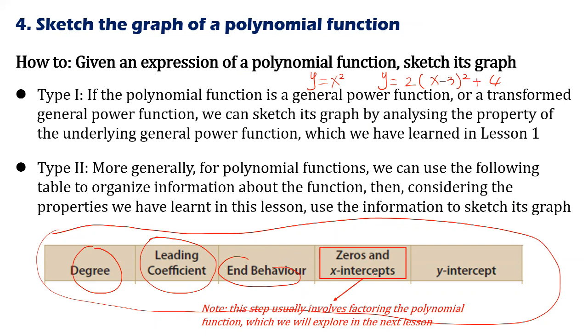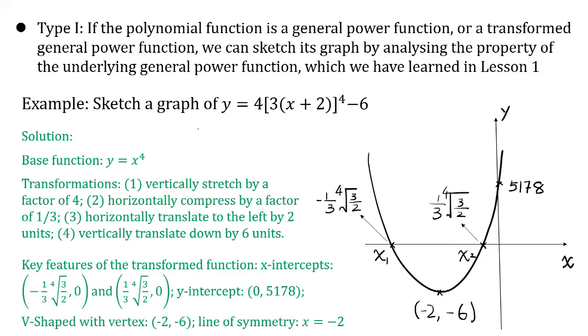Zeros and x-intercepts, this usually involves factoring the polynomial function, which we will explore in the next lesson. So for this lesson, we can only deal with some simple cases or expressions in a factored form, right? For more complex cases, we'll explore in the next lesson. Okay, and then y-intercept, right? Okay, so let's see an example.